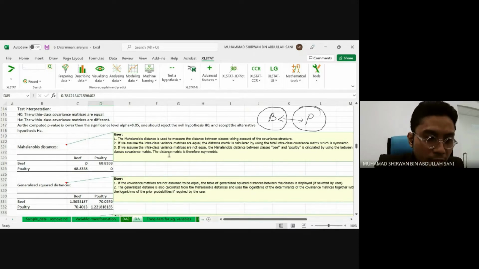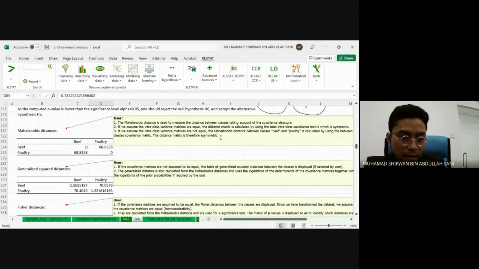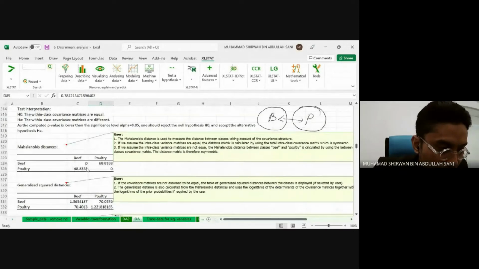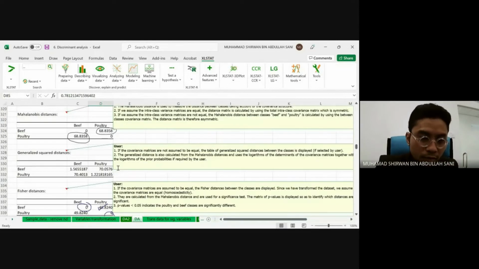If we assume the intra-class variance matrices are equal, the distance matrix is calculated using the total intra-class covariance matrix, which is symmetric. If we assume the intra-class variance matrices are not equal, the Mahalanobis distance between classes beef and poultry is calculated using the between-classes covariance matrix. The distance matrix is therefore a matrix. We just want to know whether there is a big difference. So this is the distance we got, 68.8358. Quite far, the difference.